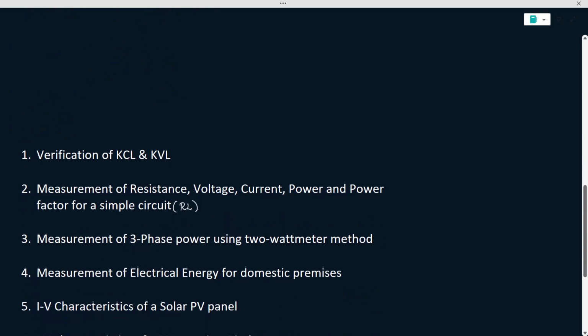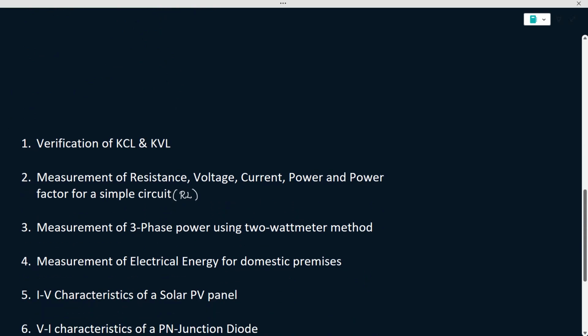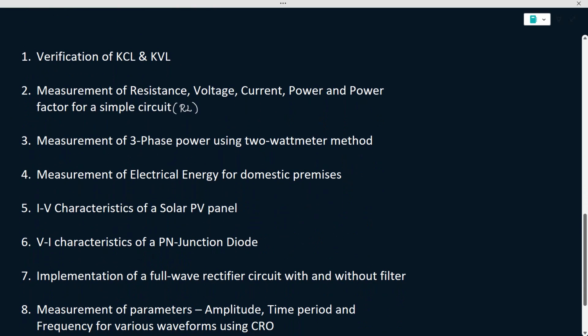If you observe the list here, generally students will think that there are 10 experiments in this lab. But if you think logically, these are not 10 different experiments. With a slight modification, we can get other experiments.